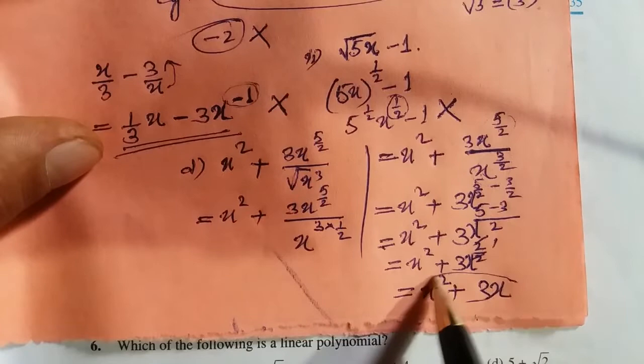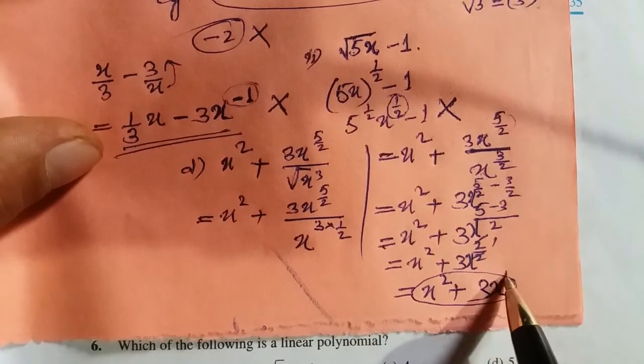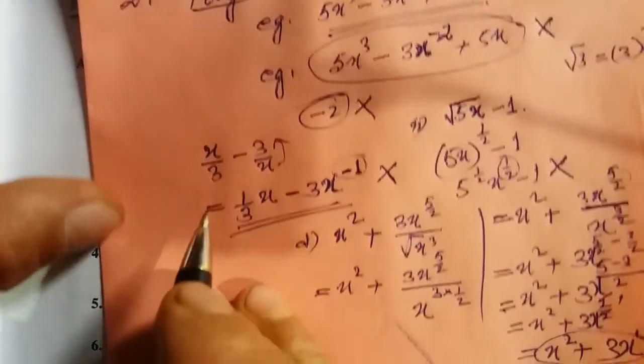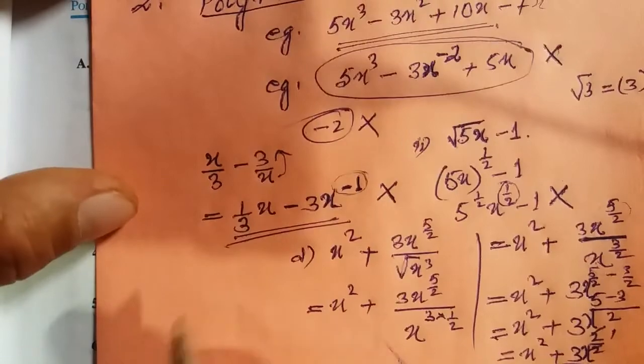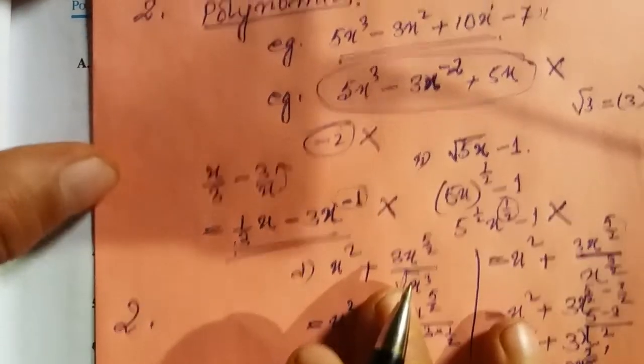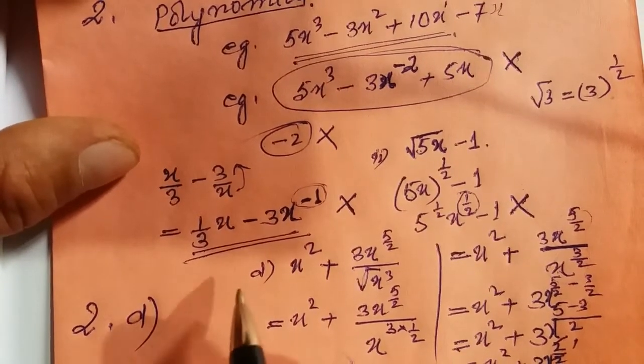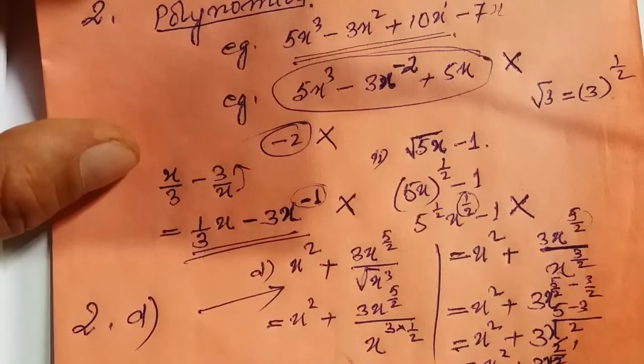Now this is a polynomial because the powers here are 1 and 2, which are whole numbers. So for question number 2, the right answer is D.